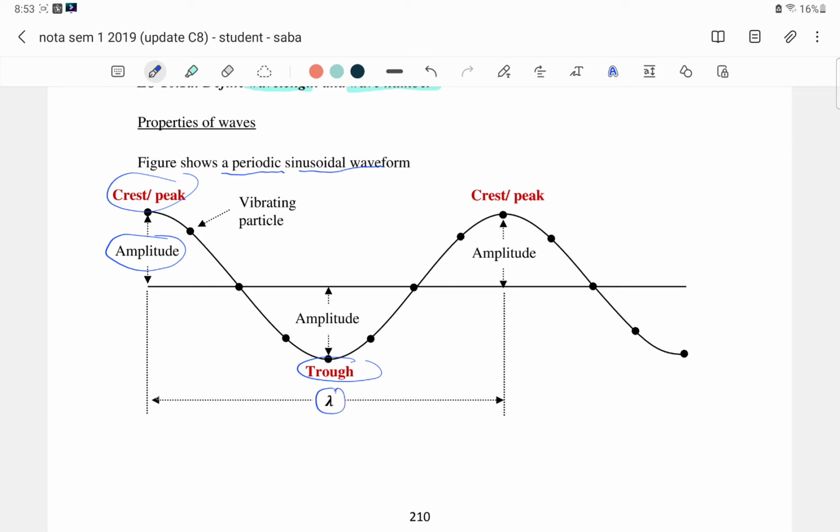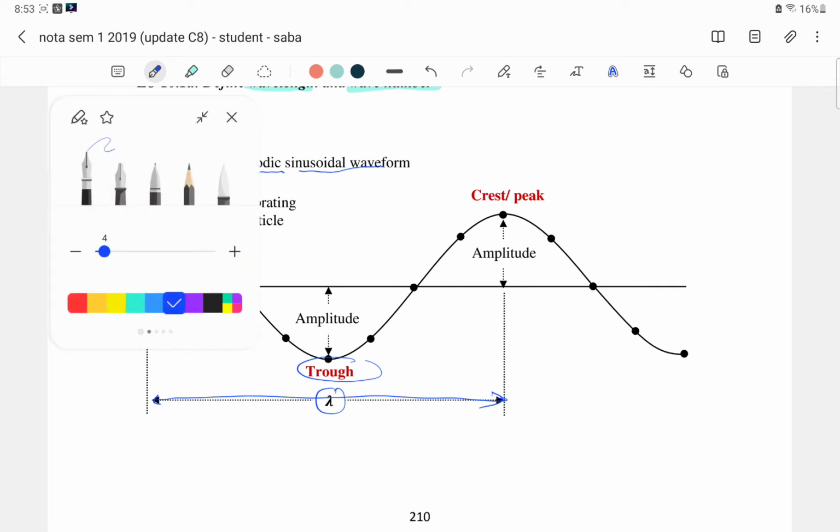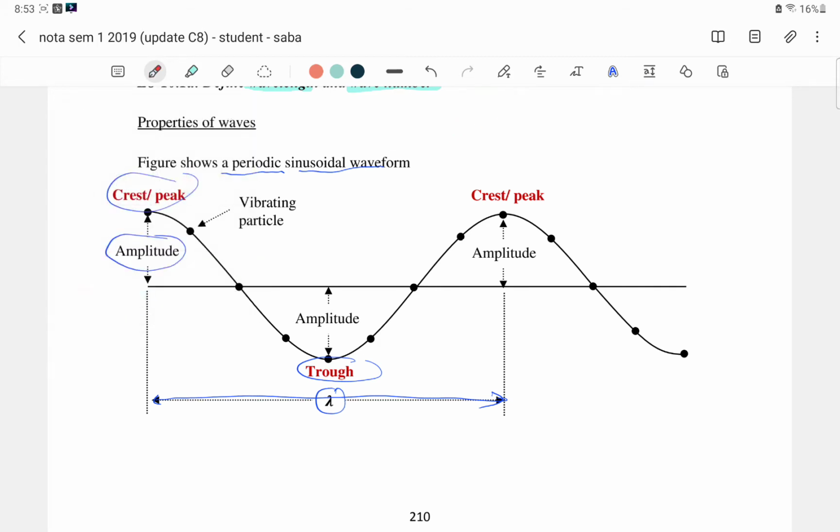The distance between maximum displacement to maximum displacement here is lambda, and lambda can also be measured from trough to trough. This is also lambda.